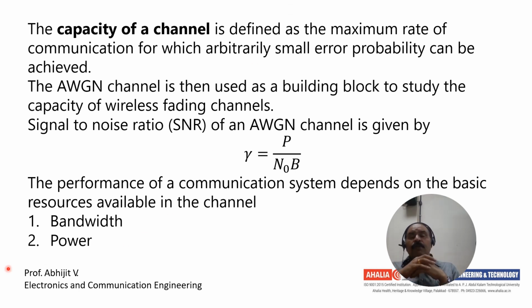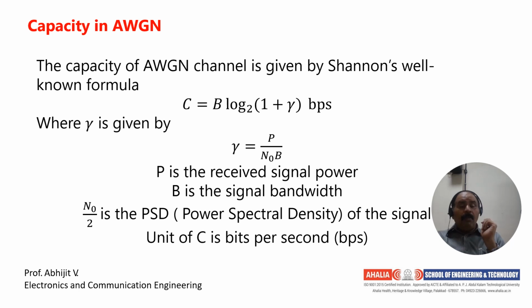The performance of a communication system depends on the basic resources available in the channel, bandwidth and power. So gamma is equal to P by N naught into B. The capacity of an AWGN channel is given by Shannon's well-known formula.